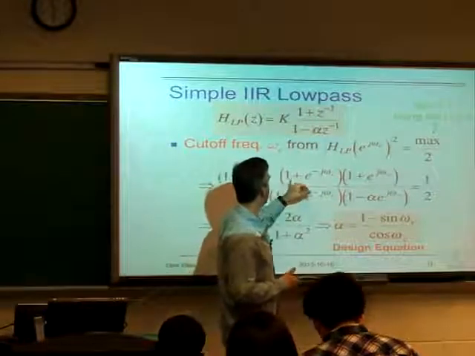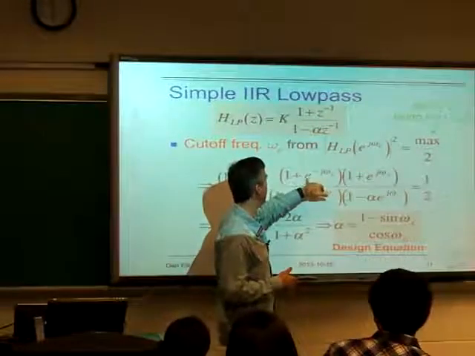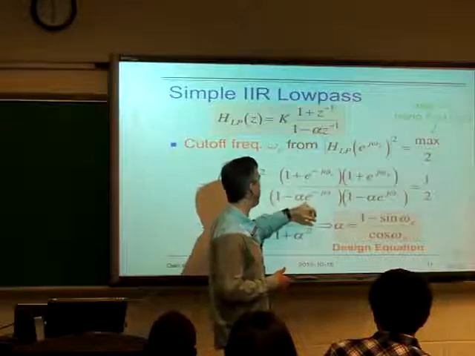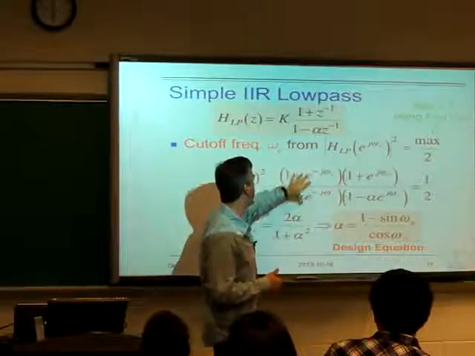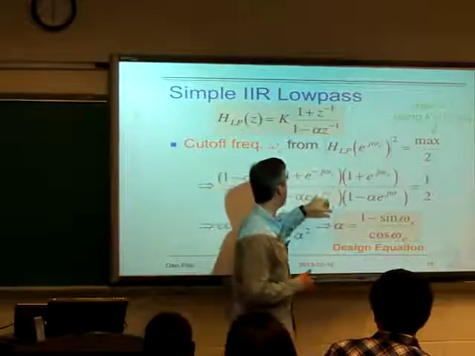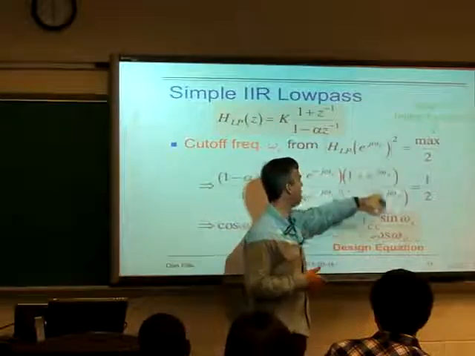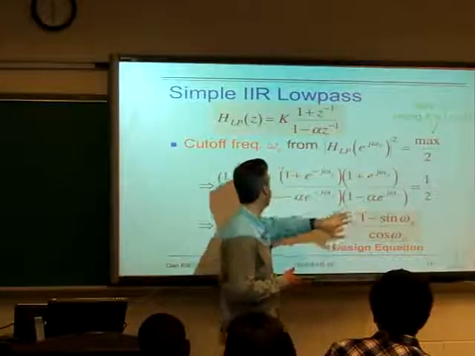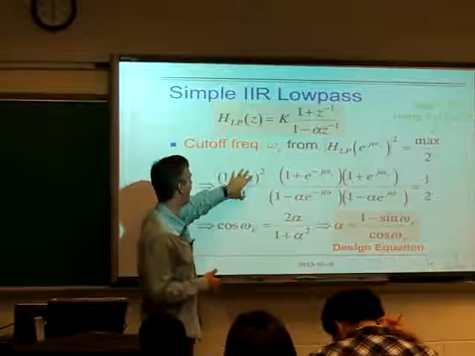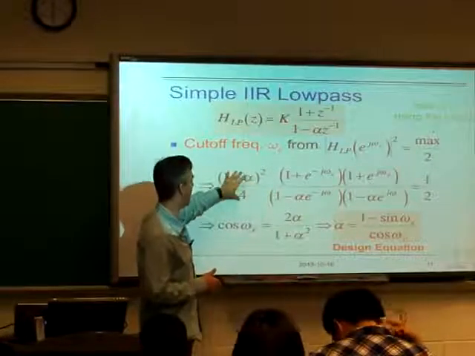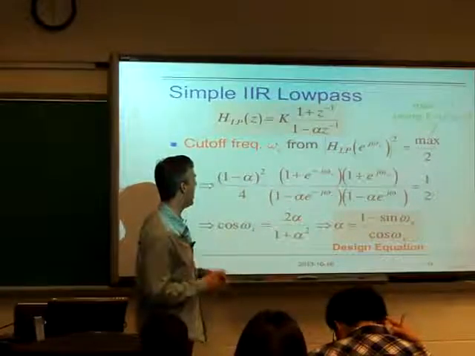So the gain is (1 plus e^(j omega_c)) over (1 minus alpha e^(minus j omega_c)). We can conjugate that just by changing the e to the minus j omegas to e to the plus j omegas. So this is H conjugate, and then we've got k and k conjugate. K is real, so that is just k squared here.